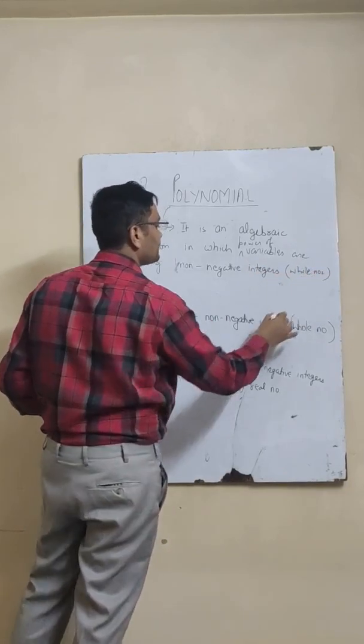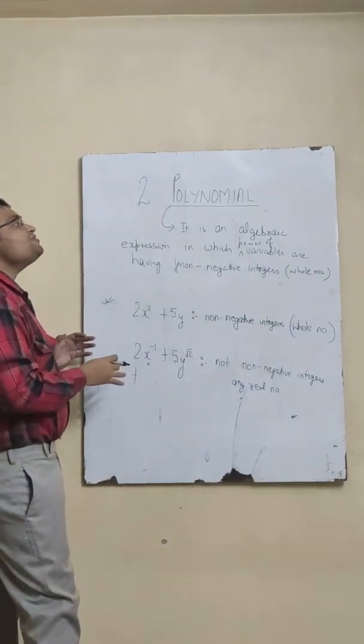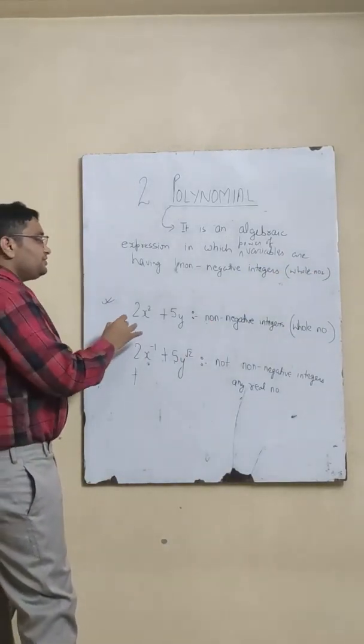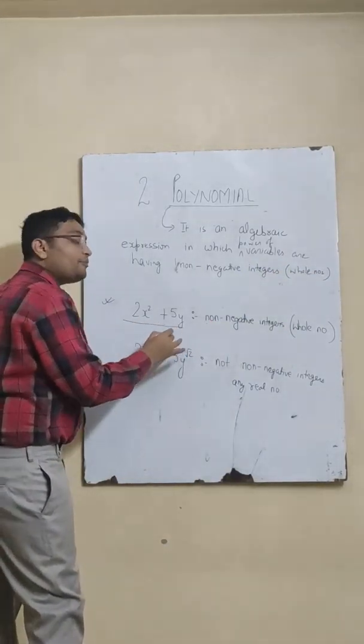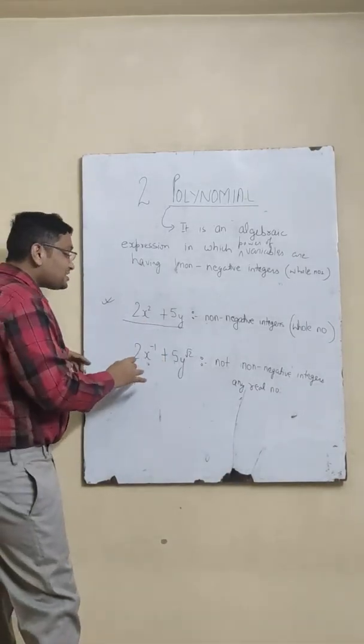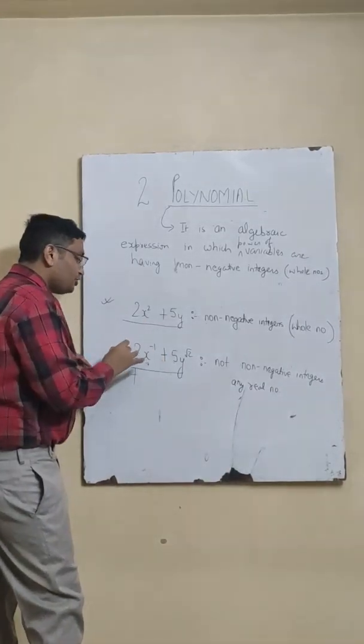Okay. So according to the definition of polynomial, this algebraic expression is a polynomial, while this algebraic expression is not a polynomial. Why?